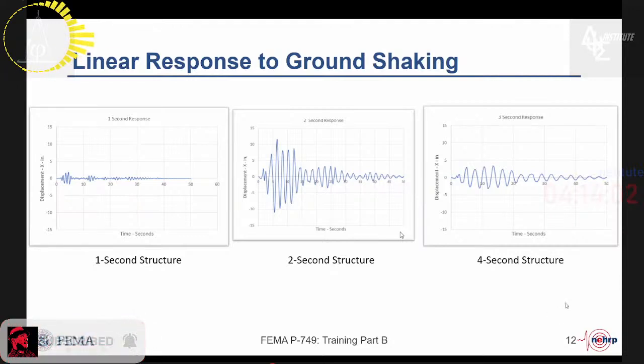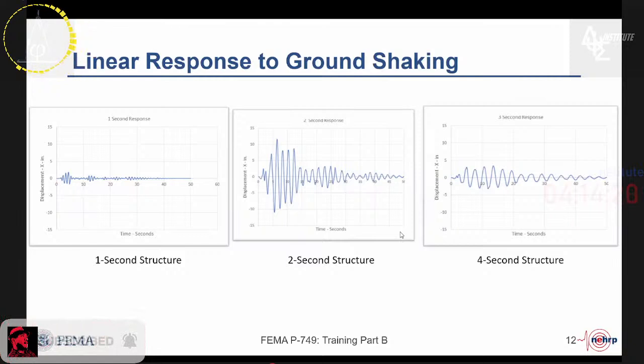So we can see for the 4 second structure here, it basically oscillates back and forth at a period of about 4 seconds. The 2 second structure oscillates at a period of about 2 seconds. The 1 second structure does this back and forth at a period of about 1 second.